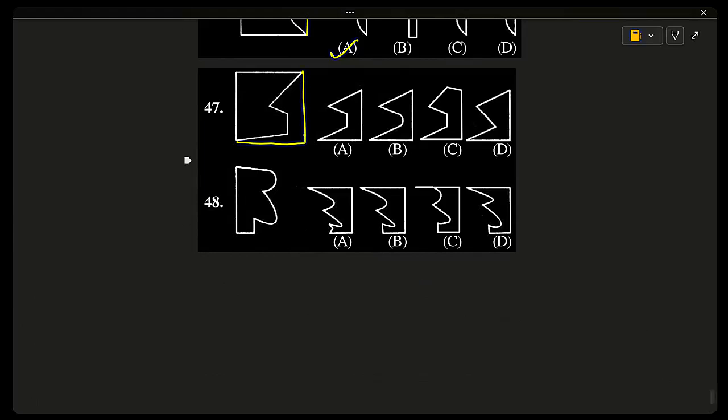So this is seen in option A. And 48th one. Let's go with a horizontal line till here, and this we can go till here, and we can connect like this. So this pattern is not there in A.